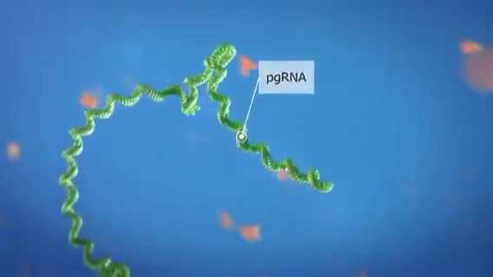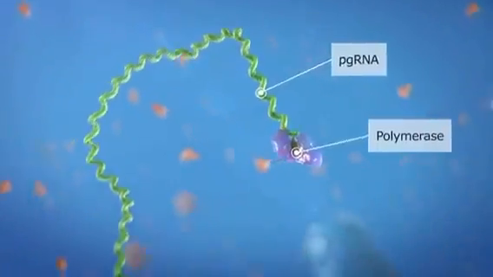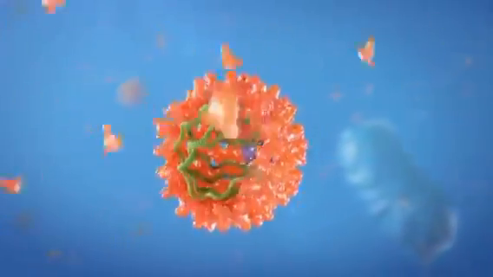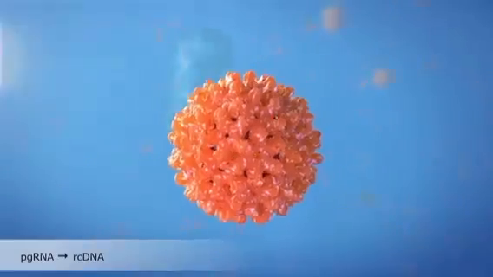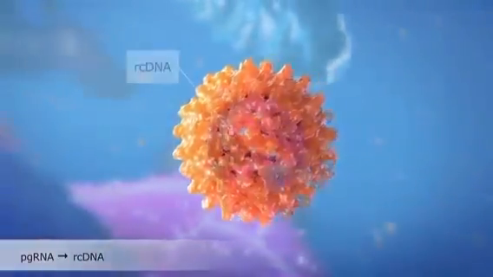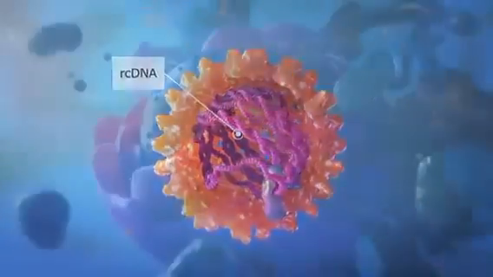In the cytosol, each pgRNA binds to a newly synthesized viral polymerase. 240 subunits of core protein assemble around this ribonucleoprotein complex. The polymerase reverse transcribes pgRNA, ultimately producing a double-stranded rcDNA genome encapsulated in a mature capsid.